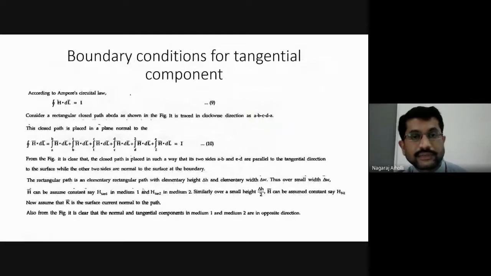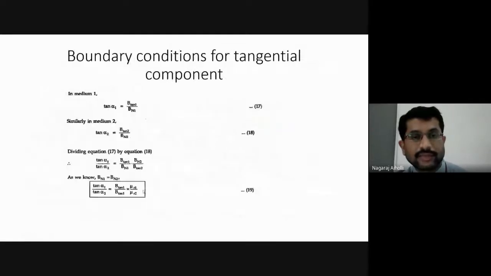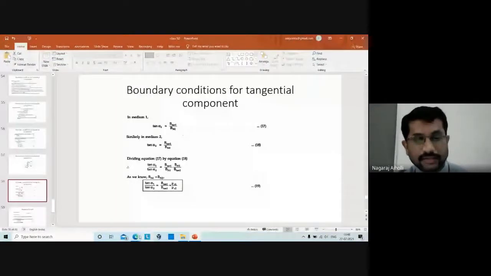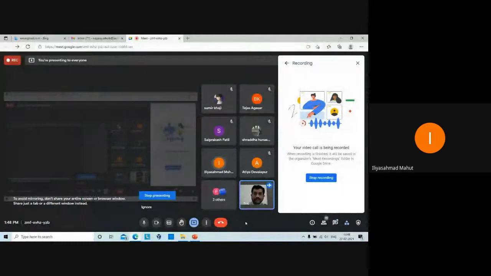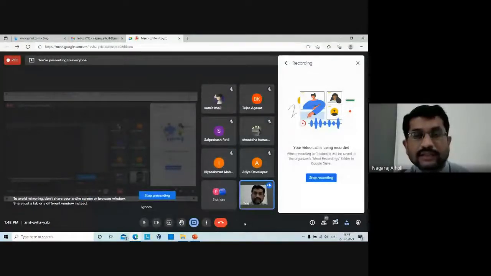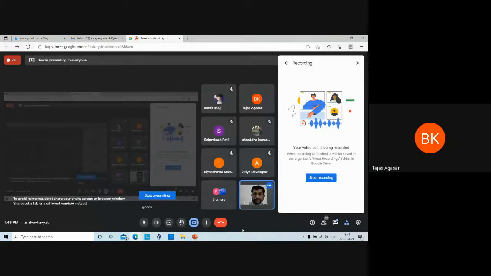So is it understood here, students? This derivation is clear here. Yes, please. Samir Ahmad. Okay, fine. Understood? Tejas. Is it clear, Tejas? Yes, sir. Clear, sir.